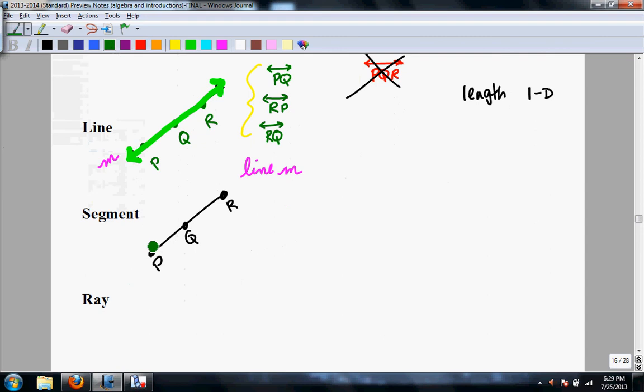Now if I want to name this distance from here to there, notice I have it in green, whatever color you're using, that segment, that's a piece of a line, PQ, I go like this. I go PQ and I put a segment. Notice no arrows. That's a piece of a line. Or I could call that QP. It doesn't matter which direction. If I want this segment, I would call that QR or RQ.